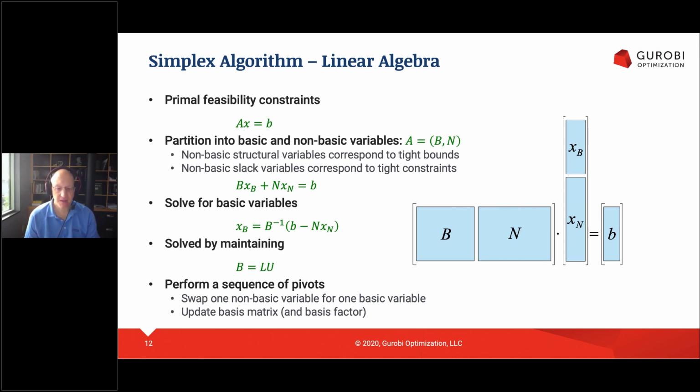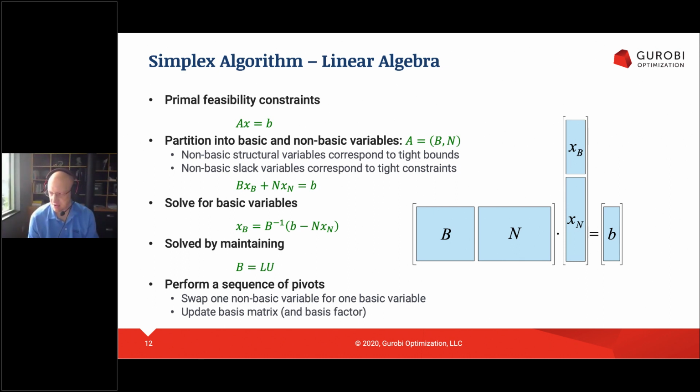Your feasibility conditions, Ax = b, become B·xB + N·xN = b, and the non-basic variables are set at their bounds. In order to compute the values of your basic variables, you have to solve the linear system xB = B⁻¹(b − N·xN). Of course, you don't actually compute the inverse of B. You maintain an LU factorization.